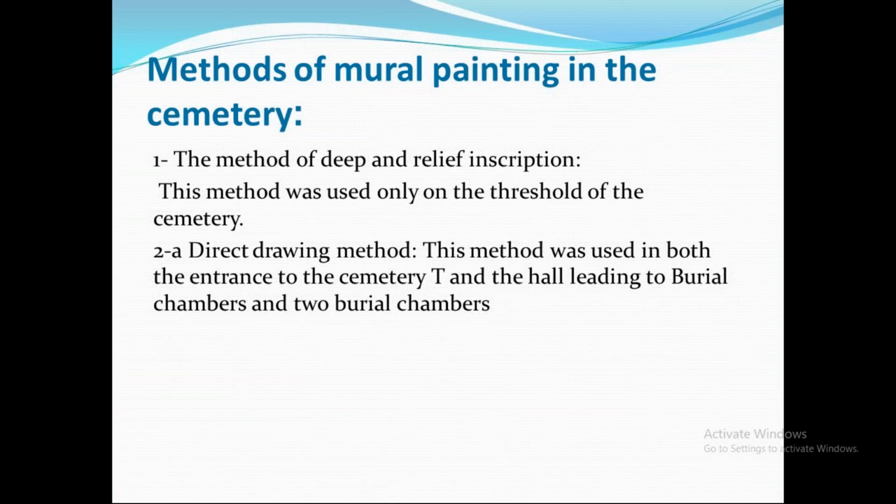This method was used only on the threshold of the tomb. The second method is the direct drawing method. This method was used in the entrance of the cemetery, the hall leading to the burial chambers, and the two burial chambers.